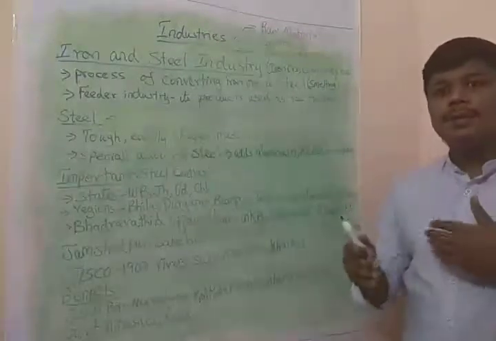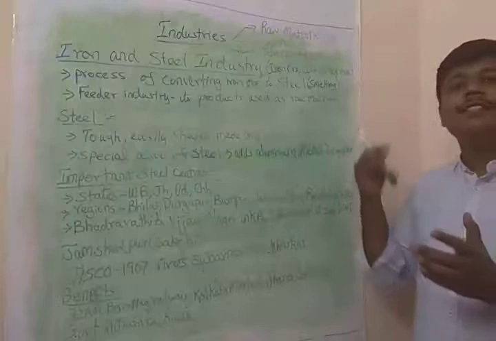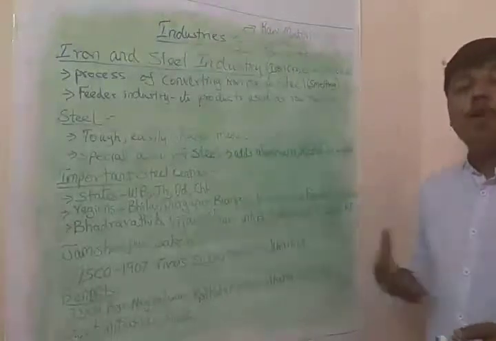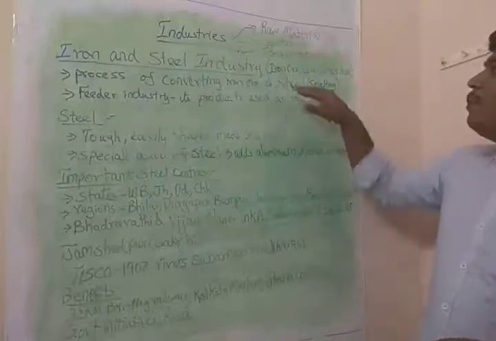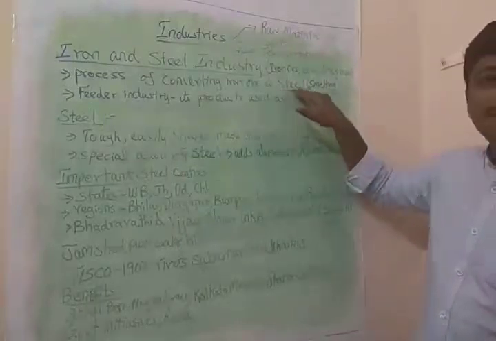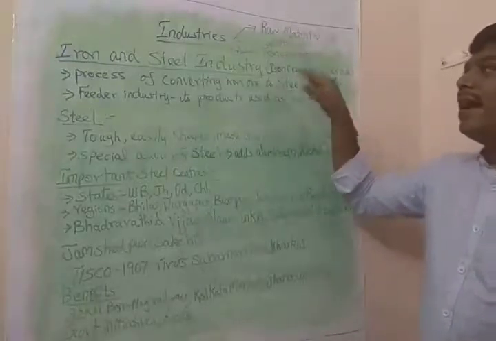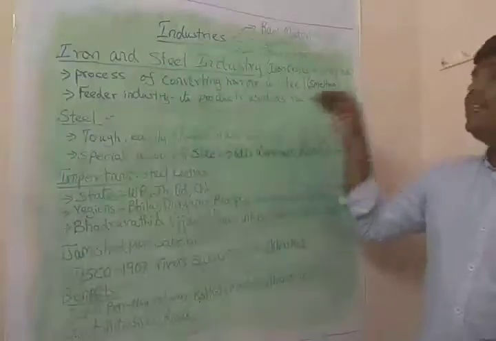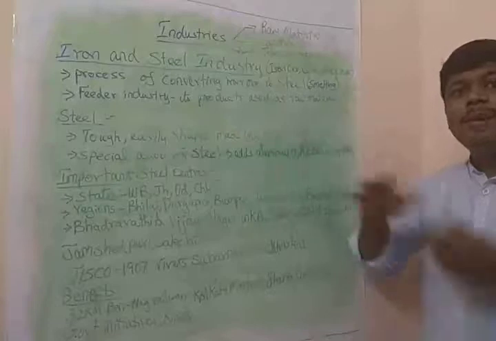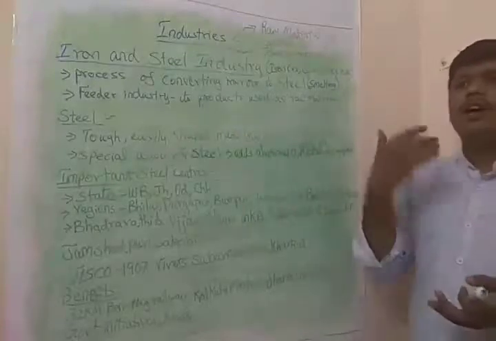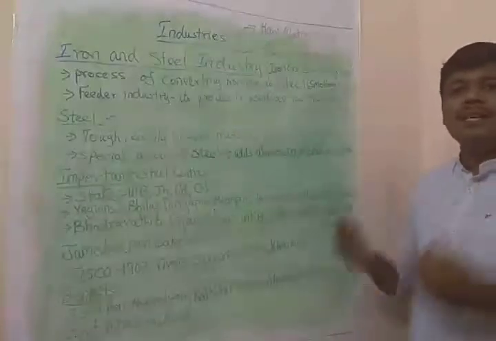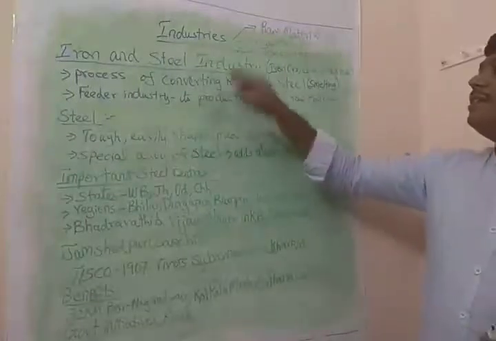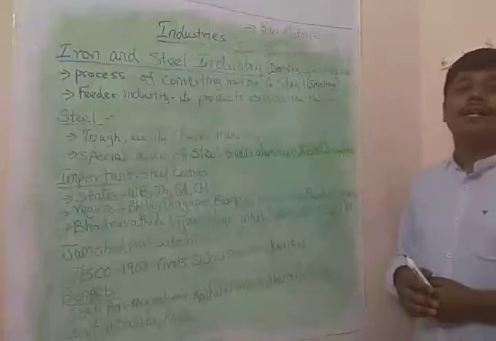Feeder industry, because it is the industry that is feeding many industries with raw material. The processed steel from the iron and steel industries is taken as raw material in many industries for making machines and automobiles, whatever it is, everything that needs iron and steel, right? That is the main reason this industry is called a feeder industry, right?